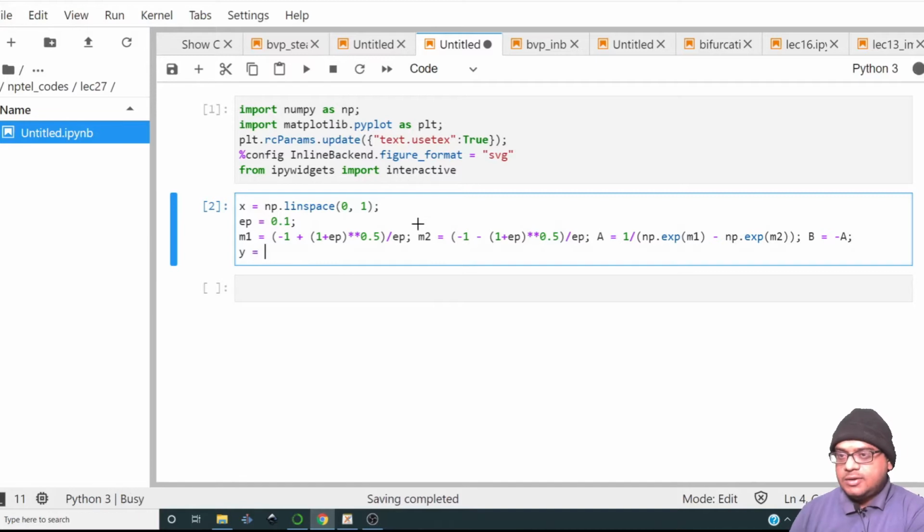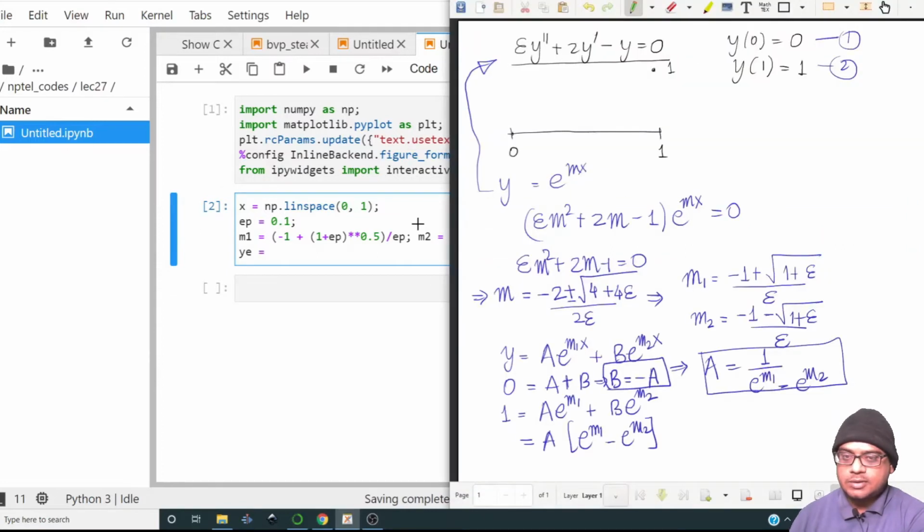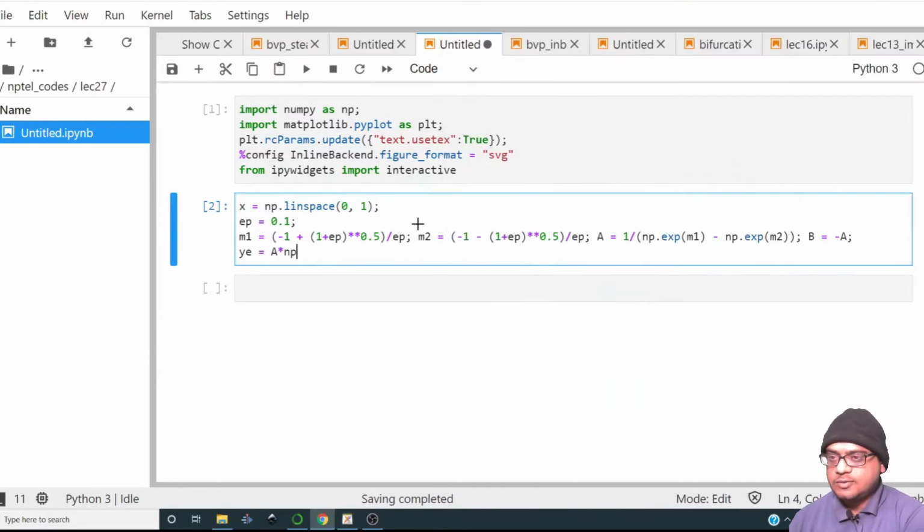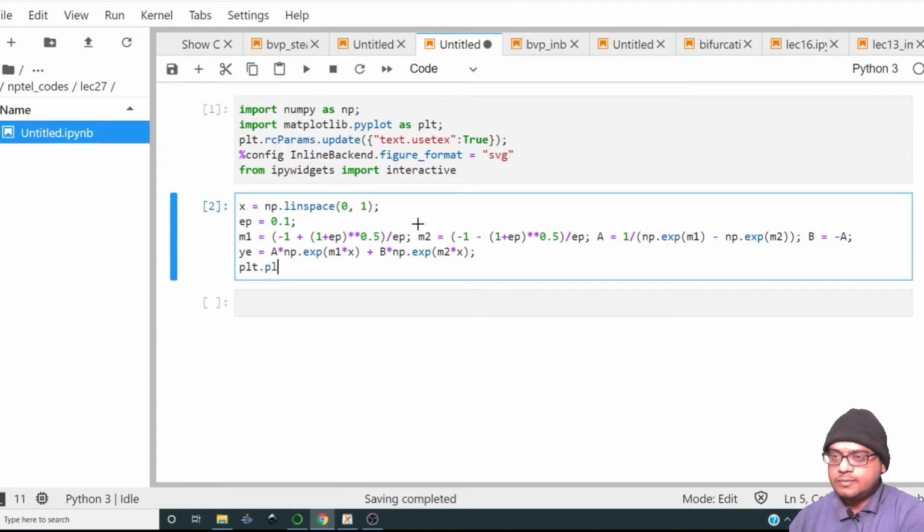So then y exact is what? It's going to be a times np dot exponential of m1 times x, plus b times np dot exponential of m2 times x. So then let's plot it.